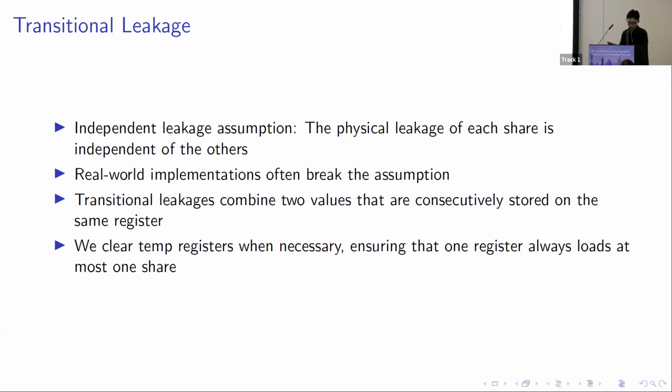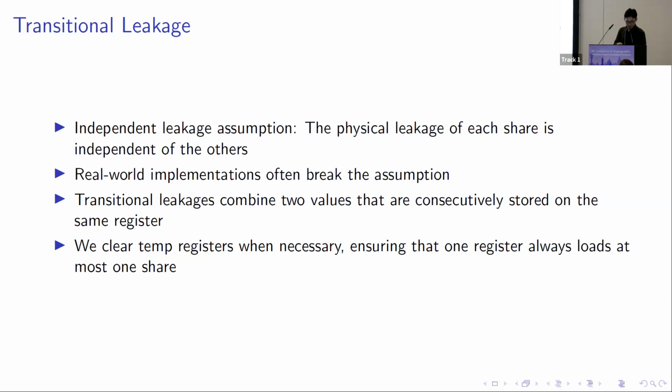In software implementation, transitional leakage is the most common issue, and it comes from register reuse. The actual leakage no longer depends on one share, but combines two values that are consecutively stored in the same register.